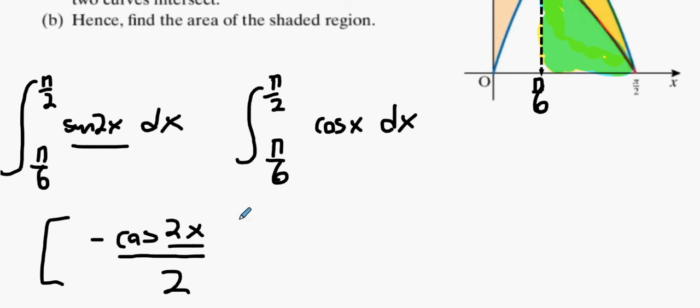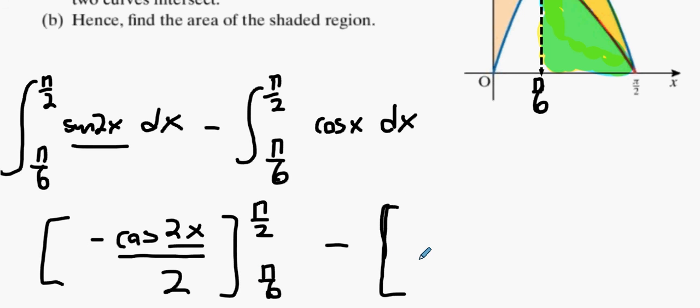And that's pi over 2 and 0. Oh, sorry, pi over 6. Yes, pi over 6. Right, what's the integral of cos x, Charlie? Sin x, yeah. Alright with you guys? Alright.